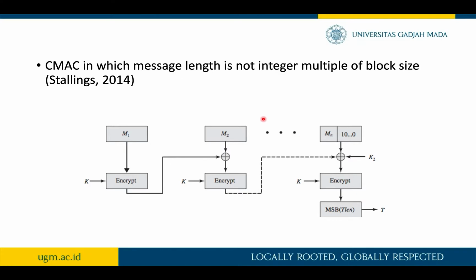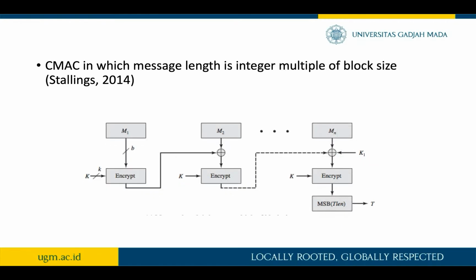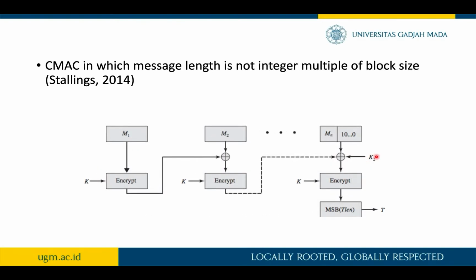If the message length is not an integer multiple of the block size, then we need to do padding. This is the padding: 1 followed by zeros. Everything is the same here, except that we need the padding, and we use K2, not K1. We will discuss what K1 and K2 are.